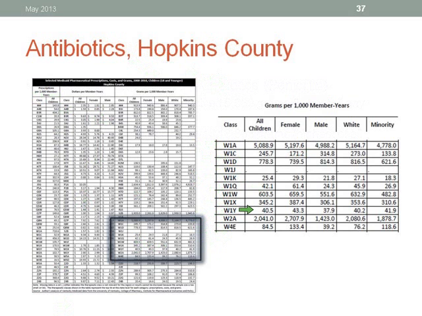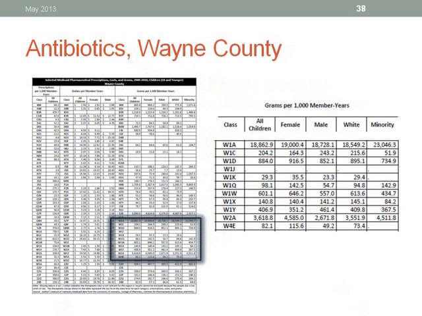And if I add these up, I think this is just under 10,000 grams. Let me page to that page. Sorry, folks. Yes, it is about 9,300 grams. But if I look at Wayne County, the highest, this is almost 25,000 grams.